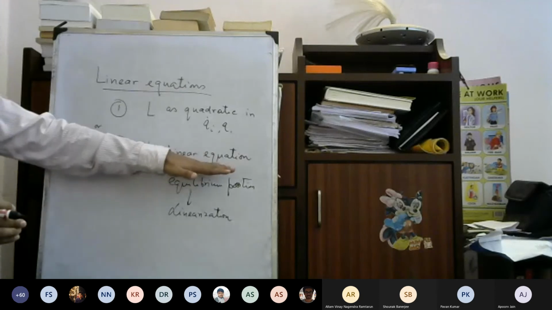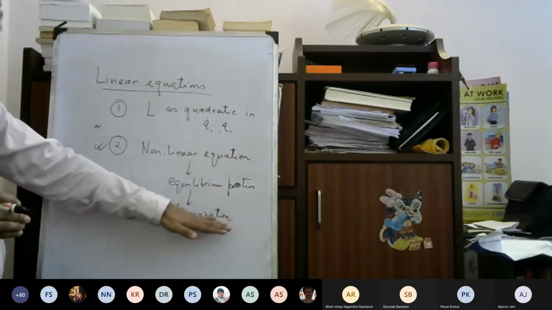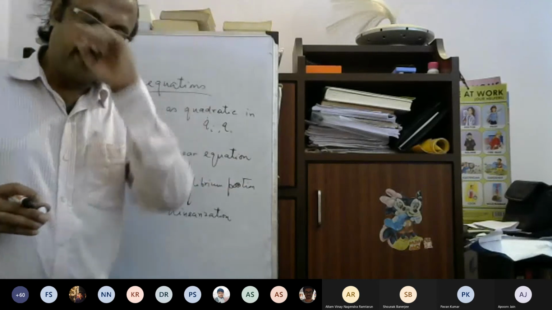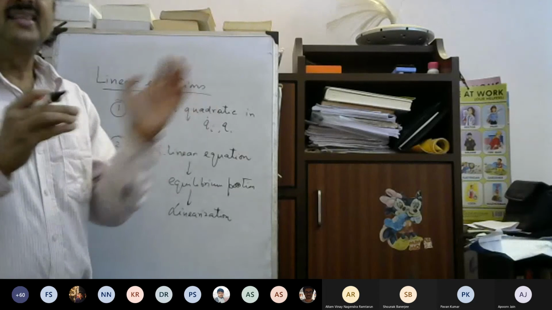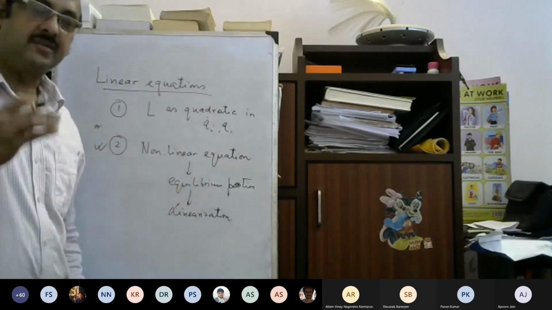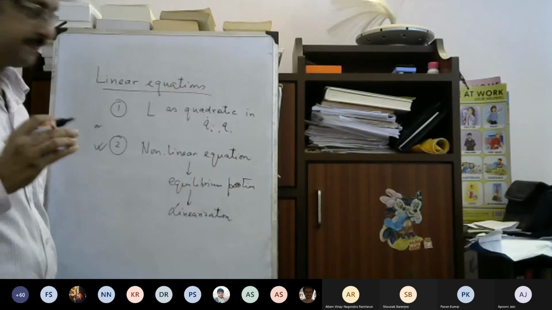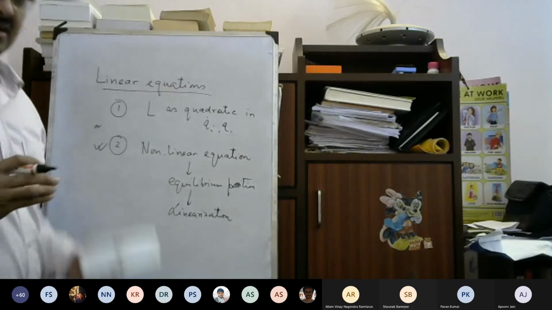It derives the nonlinear equation, then finds the equilibrium position, and then linearizes around it. Linearization means that we take the value of the generalized coordinate very near the equilibrium position, put this in the equation of motion, and neglect all the nonlinear, that is, higher order terms, retaining only the linear terms. So these are the two ways of deriving the linear equation.